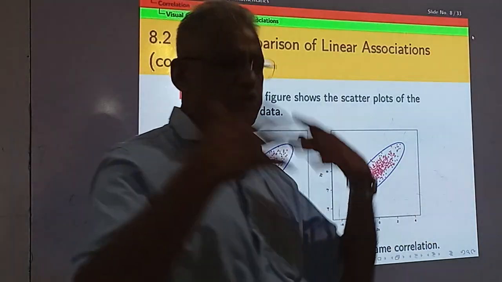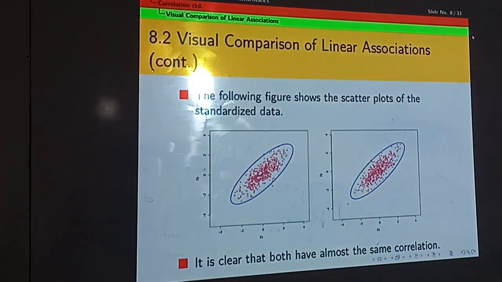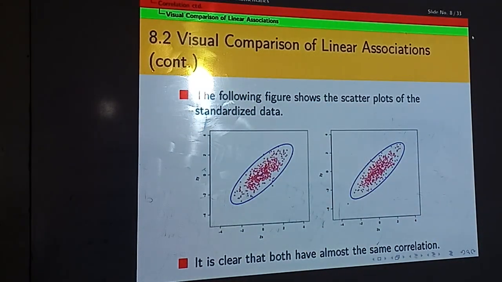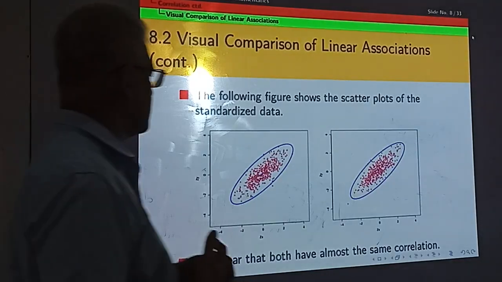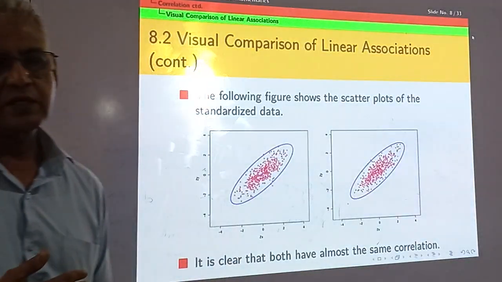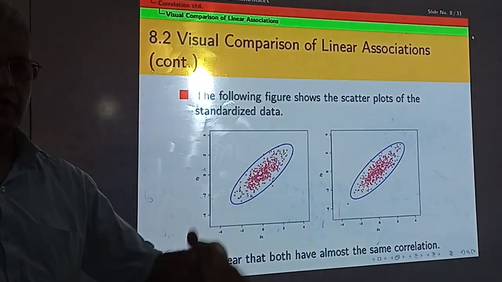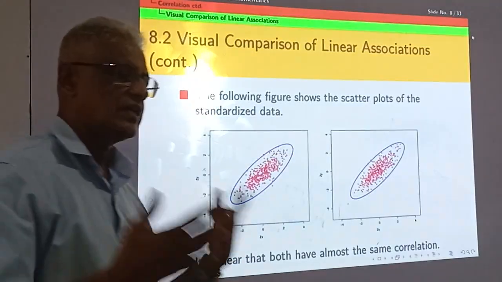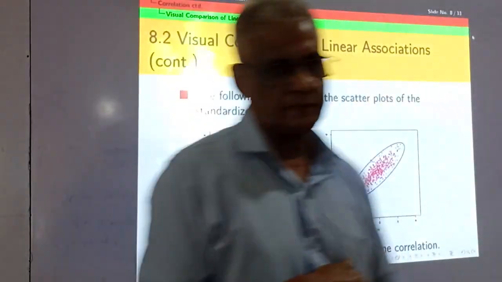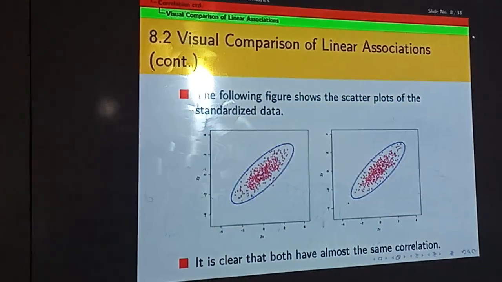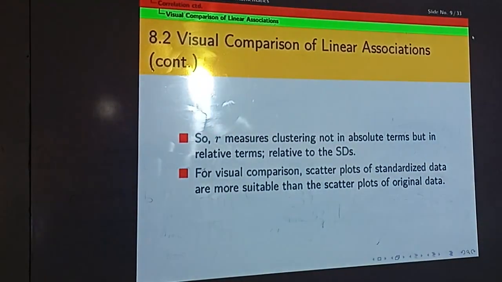Therefore, if you want to visually compare two graphs and say something about the strength of the relationship, it's best to look at the graph coming from the standardized units rather than the original data. That's something you should remember.